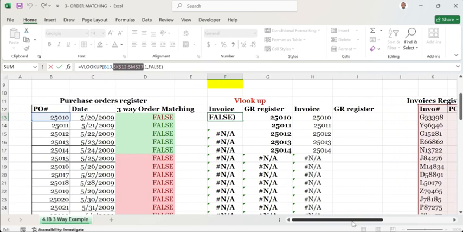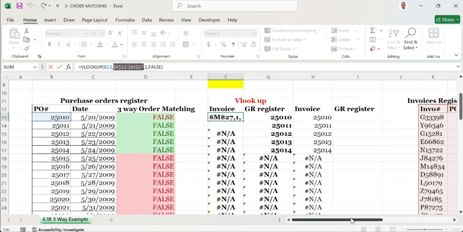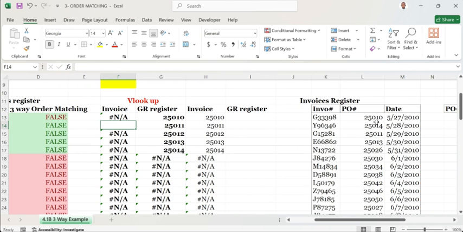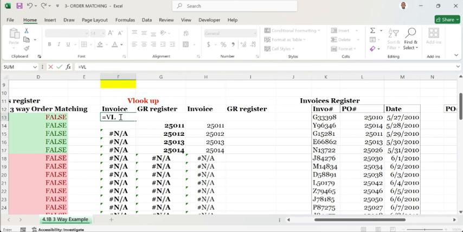I think I've tampered with this thing. I've tampered, yeah. So 2, after 2, an exact match.